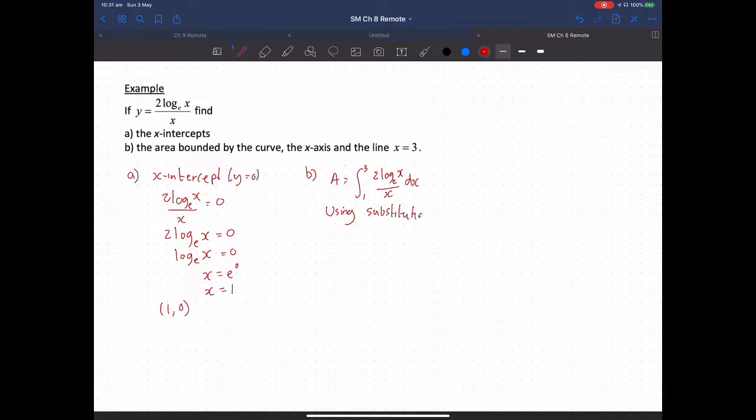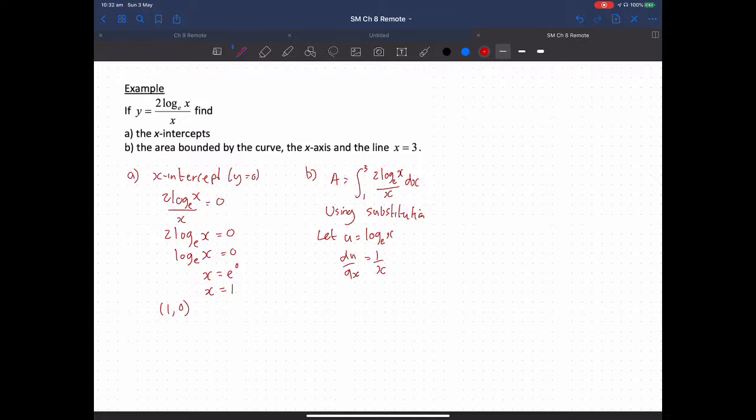You can see on the top line you have log e of x. The derivative of log e of x is 1 over x. So for our substitution, we're going to let u equal log e of x. That means du/dx is equal to 1 over x.